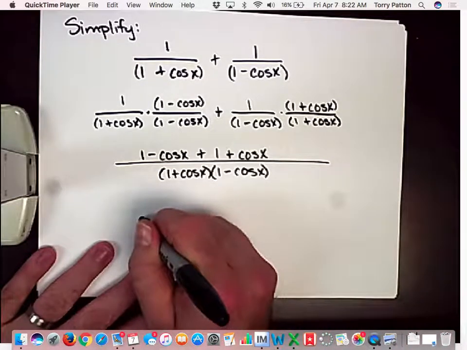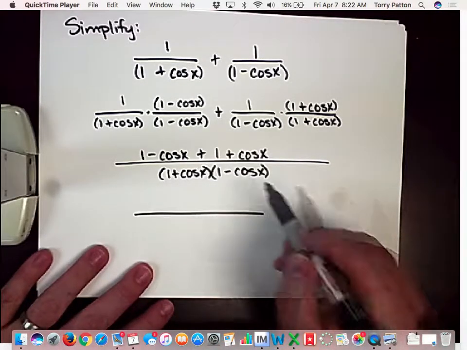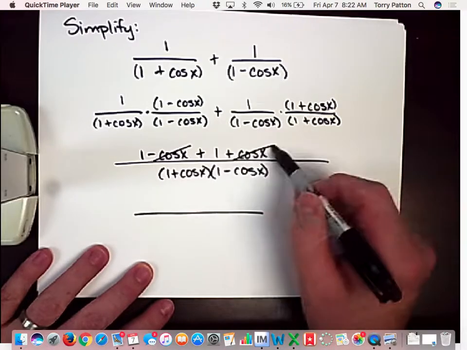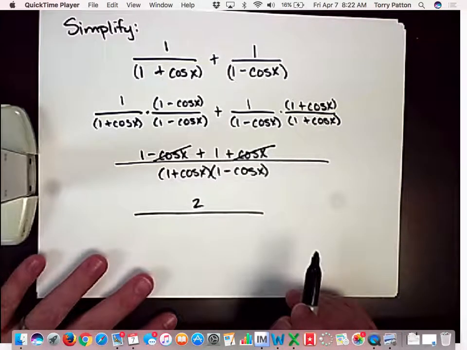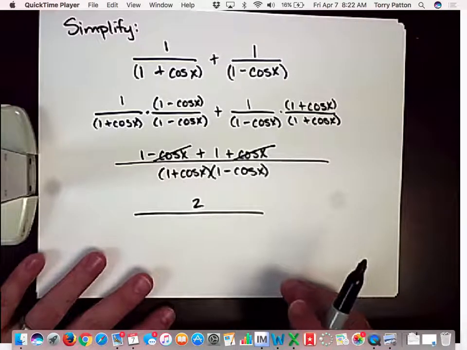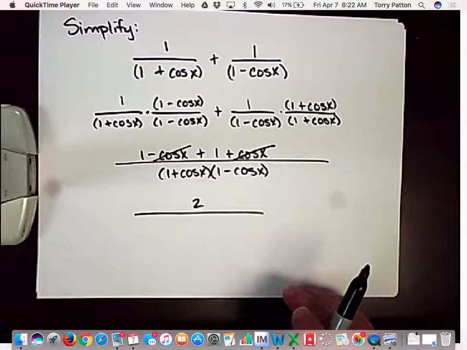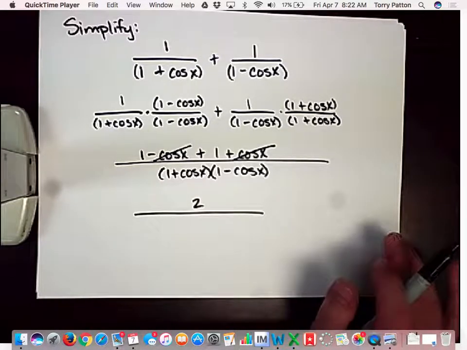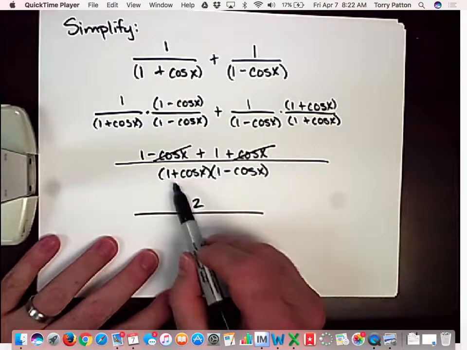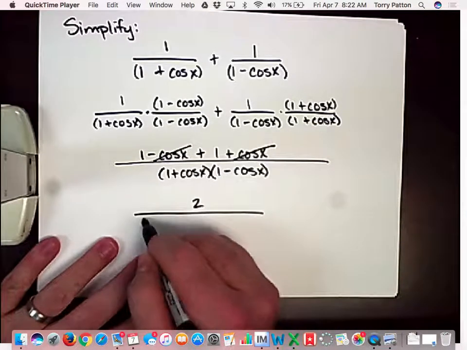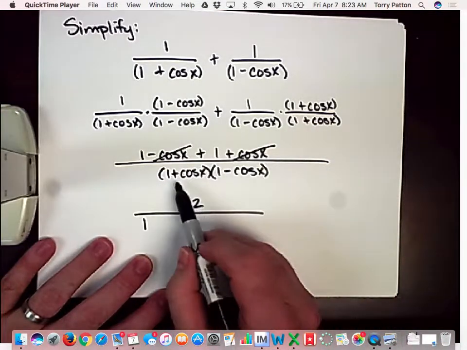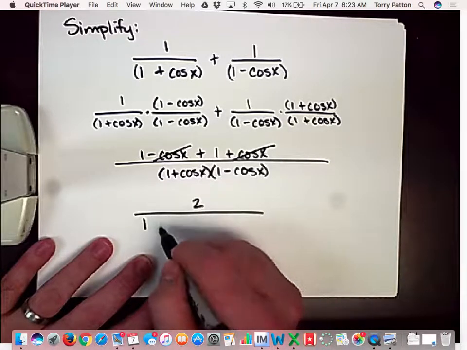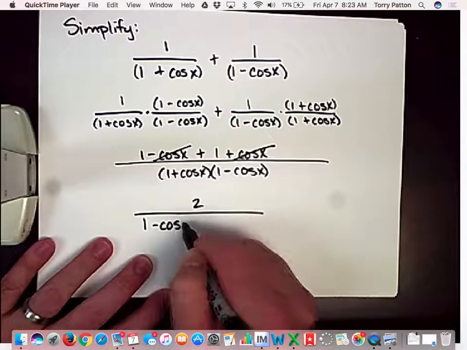So on the top, what do we have? 2. 1 plus 1. Right? On the bottom, we need to FOIL. 1 times 1 is 1. 1 times minus cosine x is minus cosine x.